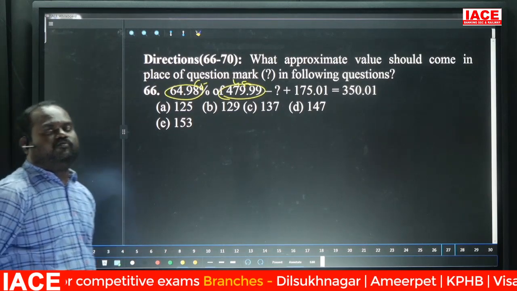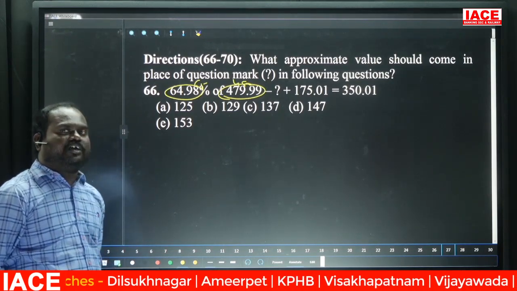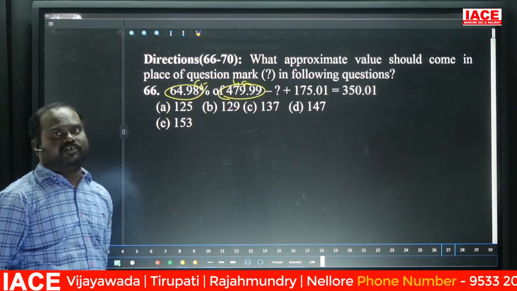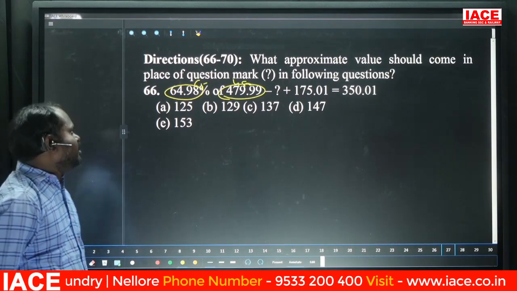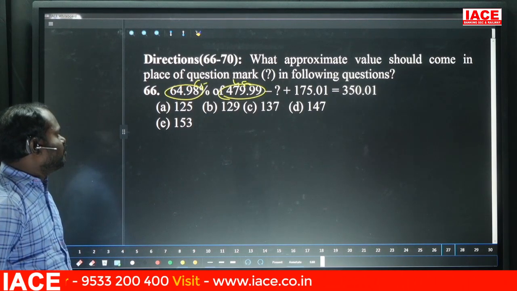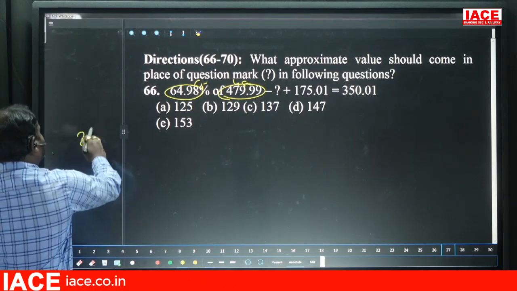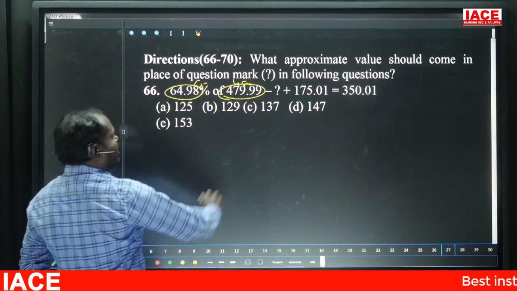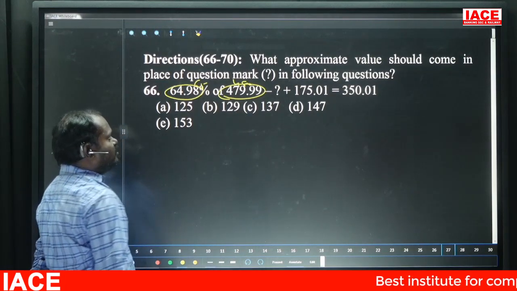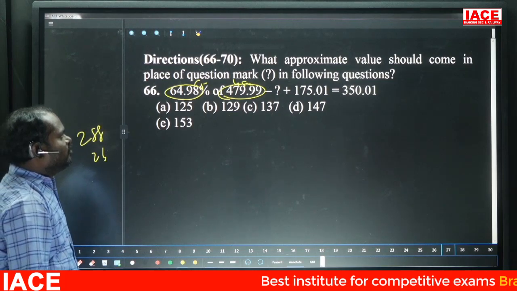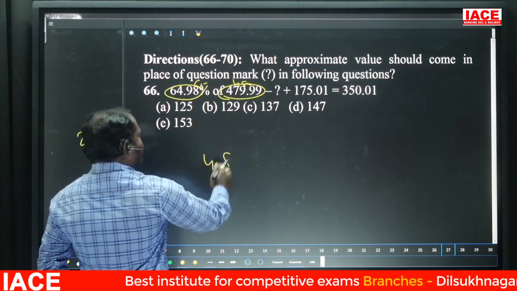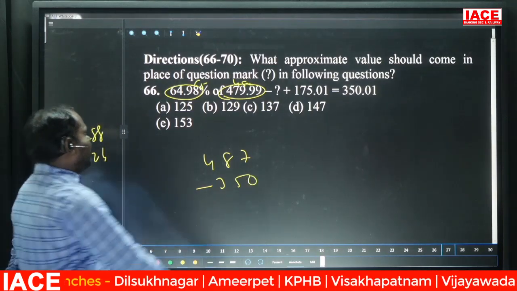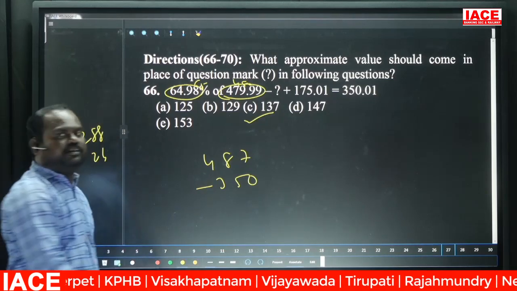So 48, 65% we can take it as 50% plus 15%, otherwise 60% plus 5%, whichever is comfortable. 48 times 6 is 288, plus 24, 312. 312 plus 175, 487, minus 350, so 137. Option C. Option C. Next.